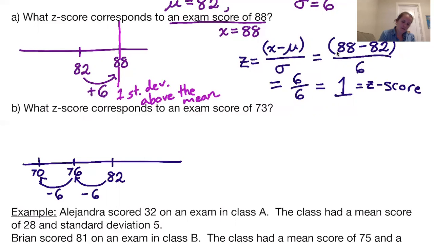And we are looking for 73. So it turns out 73 is precisely 1.5 hops, or 1.5 standard deviations below the mean.